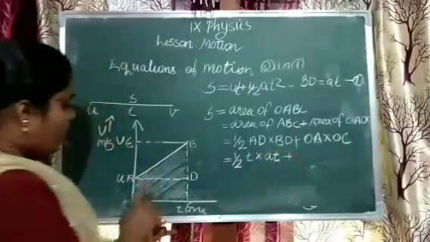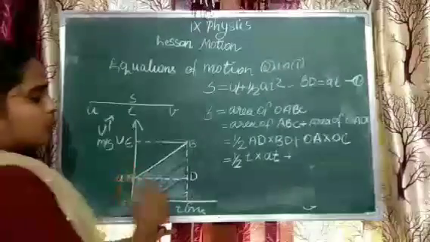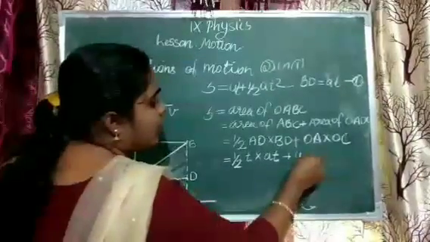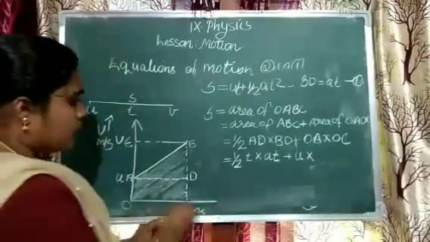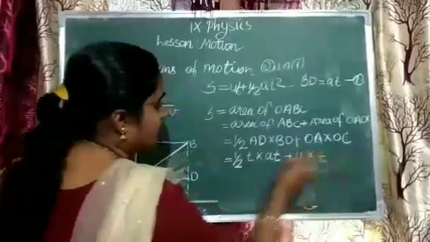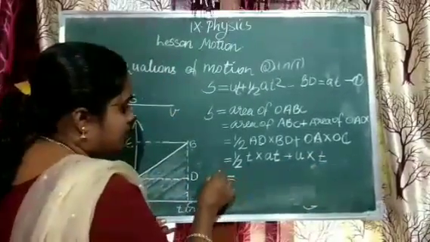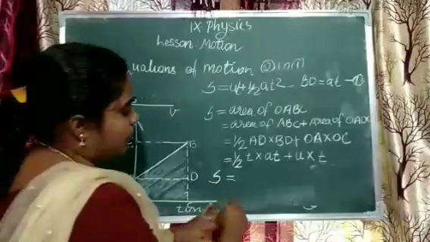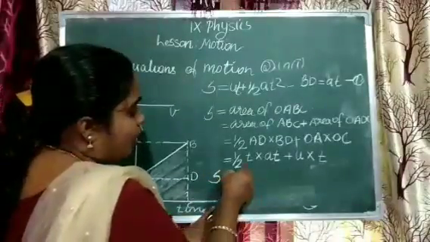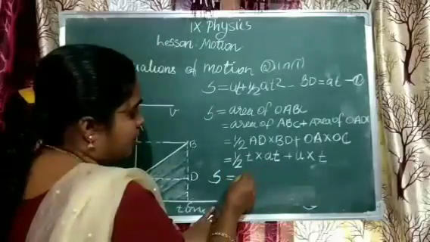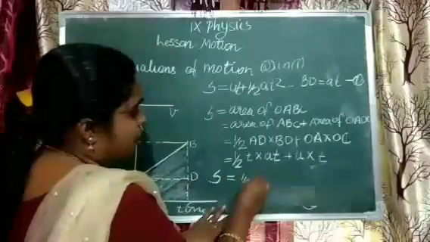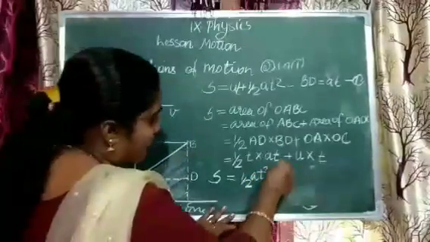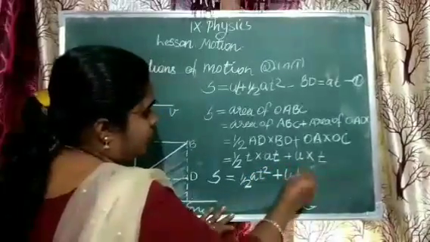Plus OA, which means U, into OC, which means time. So the distance traveled by the object is half T into AT, that is half A T square, plus UT.